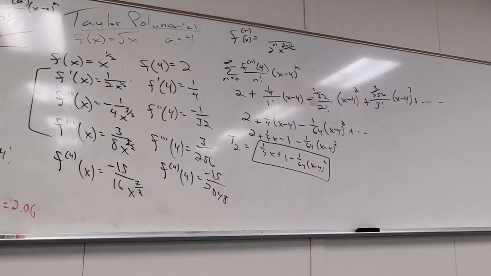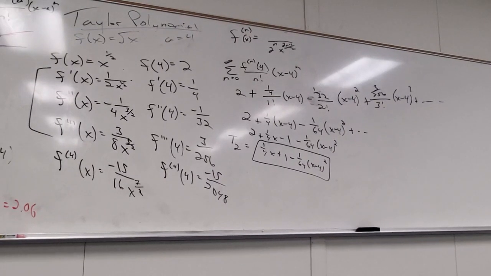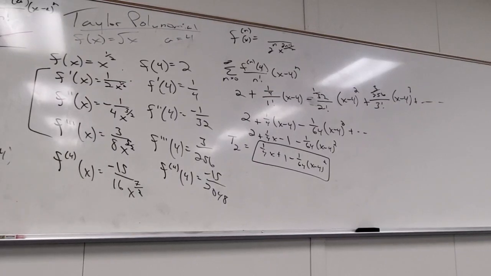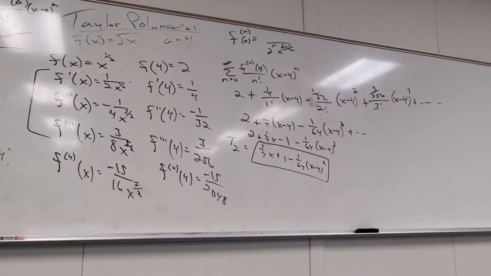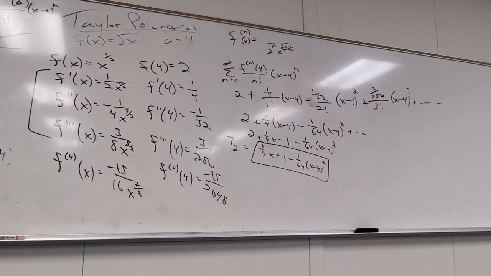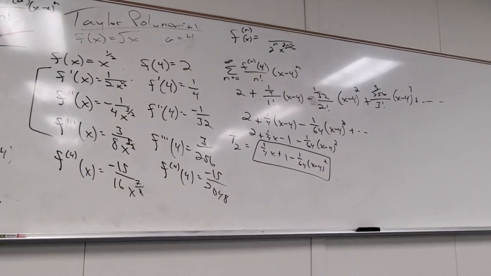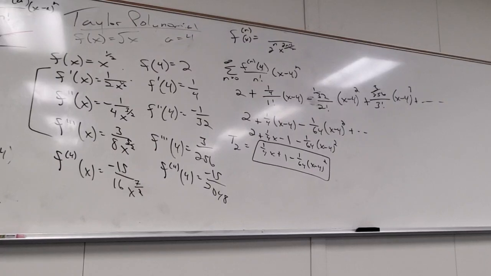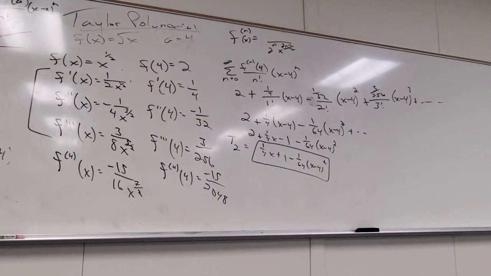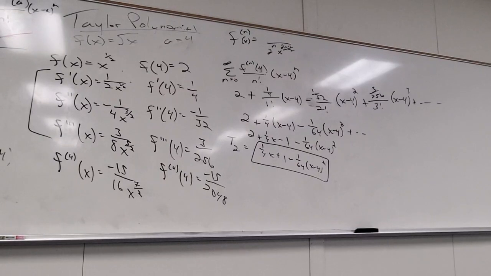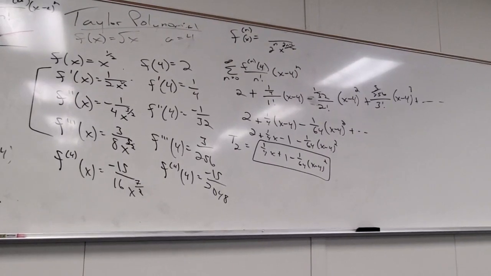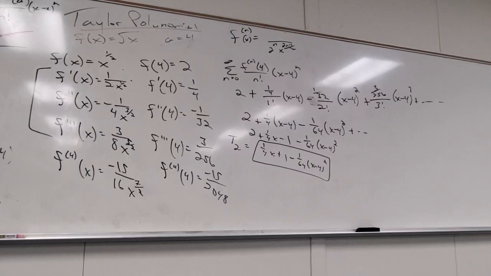If I put a 7 in here, 1/4 of 7 is 1.75, so you get 2.75? Yeah. What is the square root of 7? 2.645. Okay, so that's not horrible, but it's off by 0.1. That's getting a little worse.